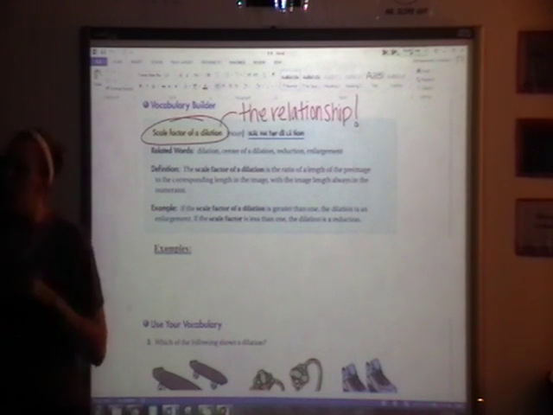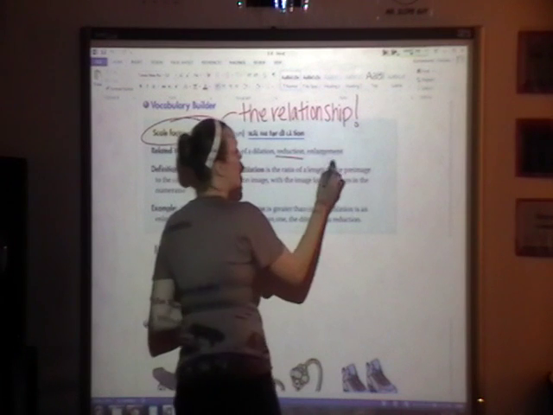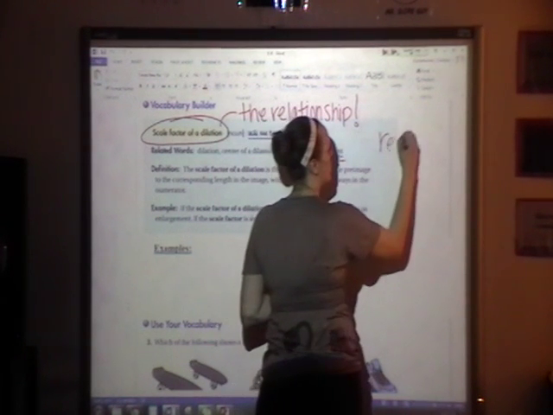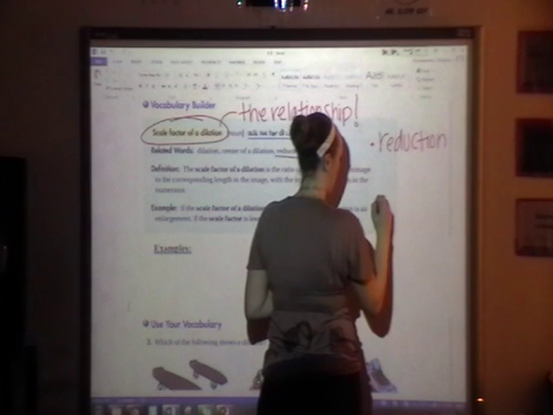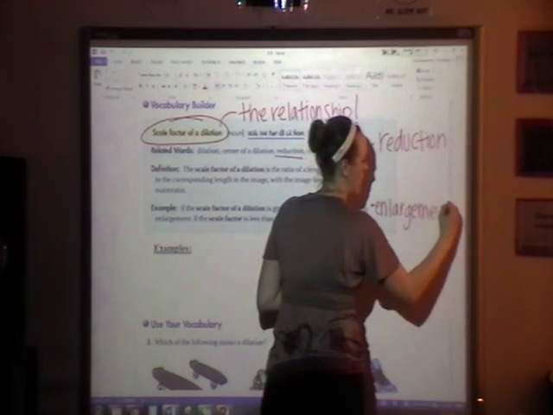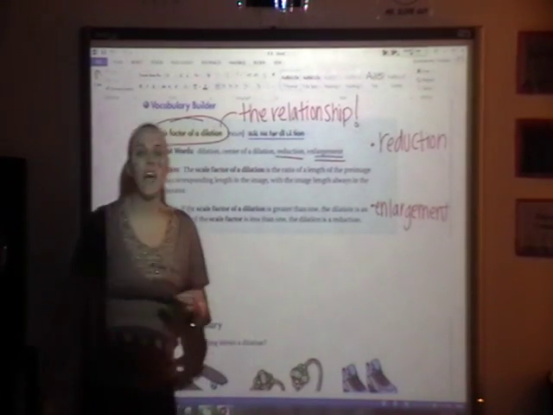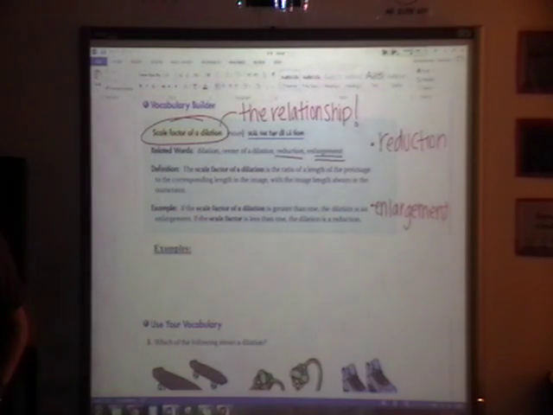Within scale factor, within dilations, we have two things. We have a reduction or we have an enlargement. So a reduction, what do you think reduction means? Makes it smaller.